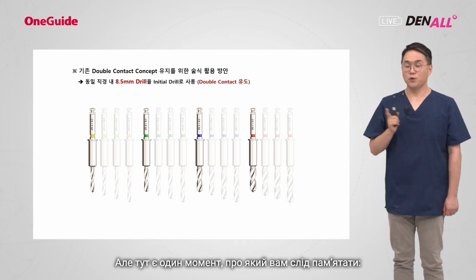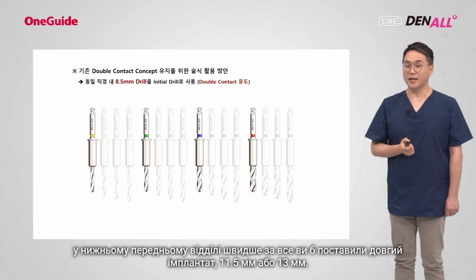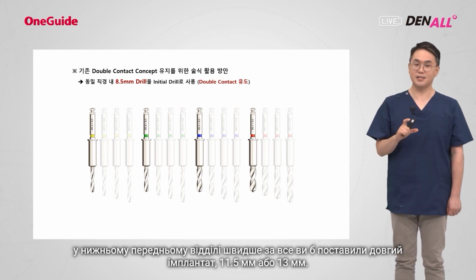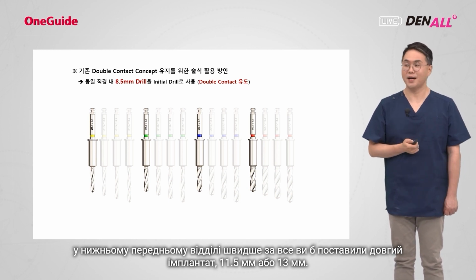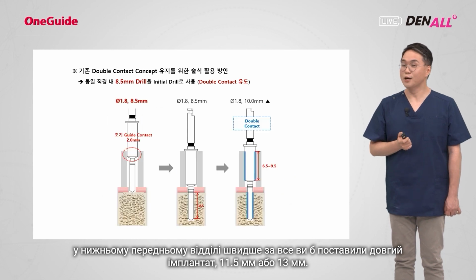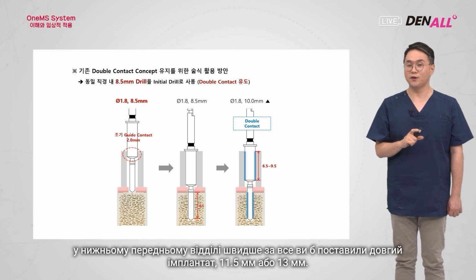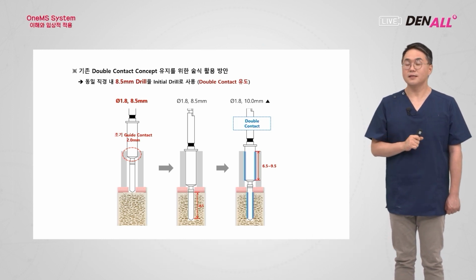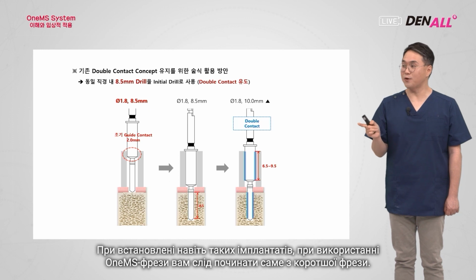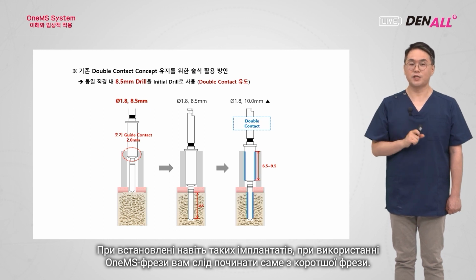But one thing you need to remember here is that on the lower anterior part, a long implant is something you would place, 11.5 or 13 millimeter. Even in placing those implants, using the 1MS drill, you have to start with the short drill.